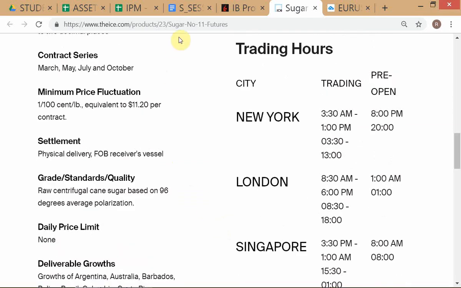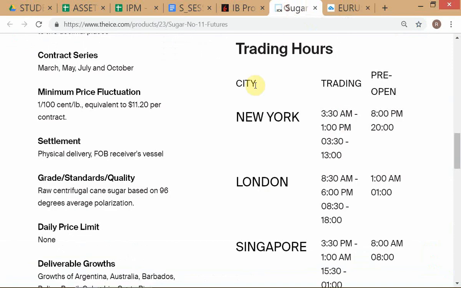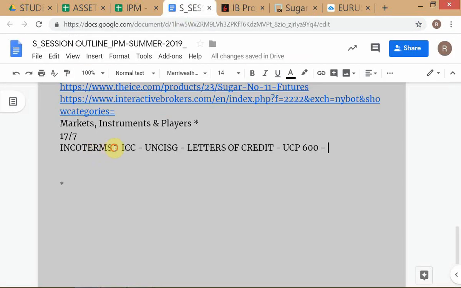All right, so we were talking about the stuff that you guys have to learn on your own, taking off from this point about the FOB. So this kind of stuff, Incoterms, which means essentially FOB, CIF. CIF stands for cost, insurance, and freight, which means this price includes cost, insurance, and freight.